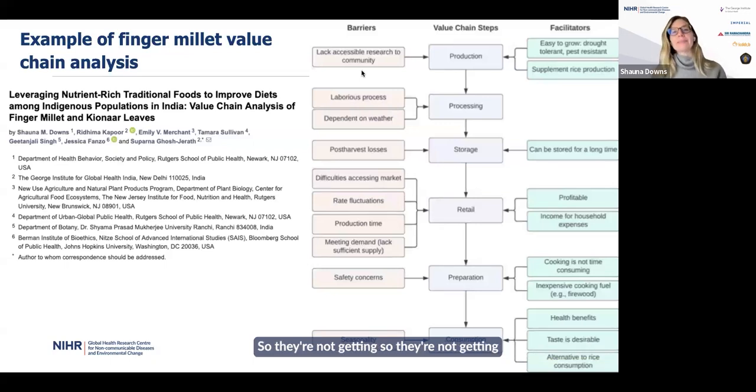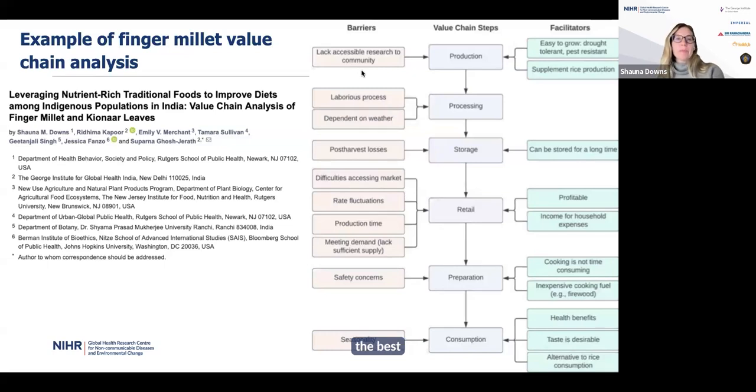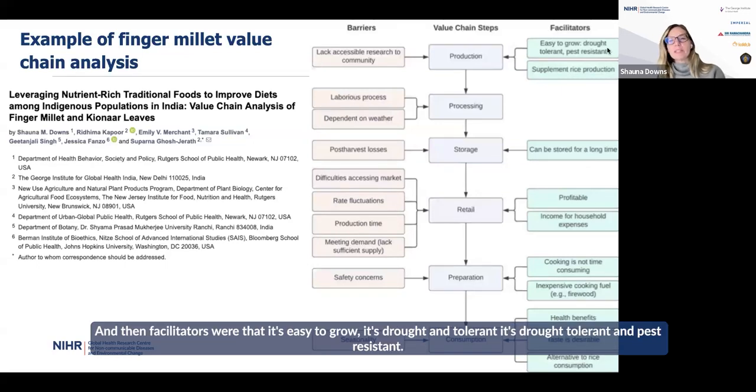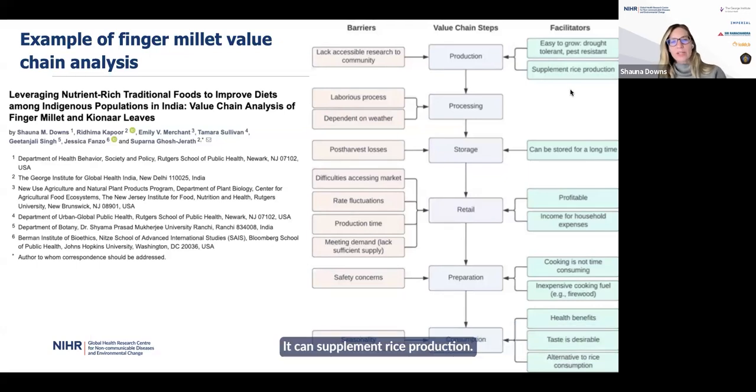So they're not getting access to, say, the best advice in terms of techniques and that type of thing. And then facilitators were that it's easy to grow, it's drought tolerant and pest resistant. It can supplement rice production.